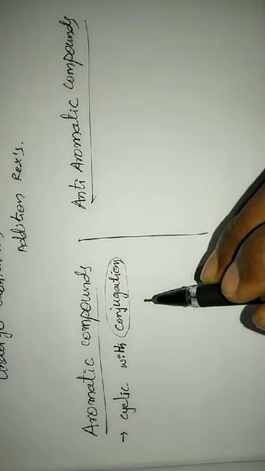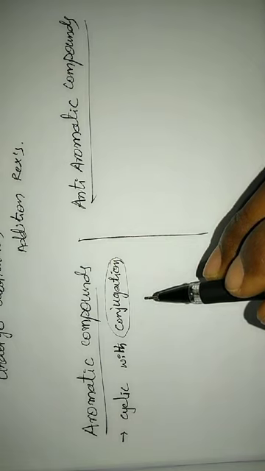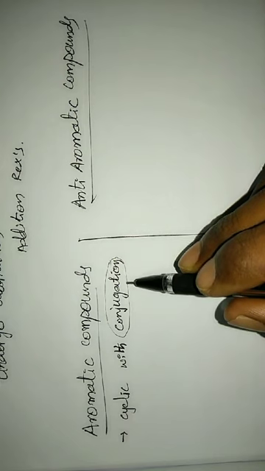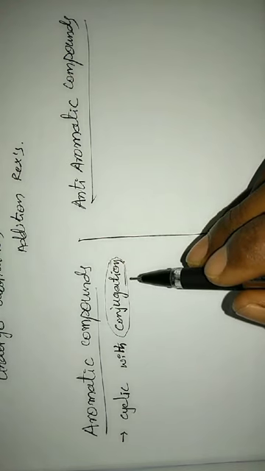That means double bond, single bond, double bond, single bond. That type of system is also considered as conjugation, or double bond, single bond, lone pair, or double bond, single bond, positive charge, or double bond, single bond, negative charge. These are all considered as conjugated systems.